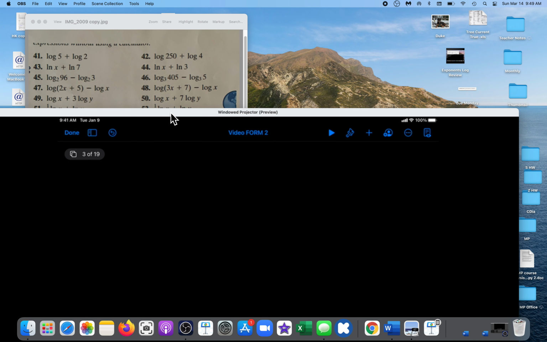Okay, what's going on here? Here, this 7 is out front. So before we can combine these, we have to move that 7 up as an exponent. Once we do that, we have the same base of both logs, and we can then combine them. So it becomes log of x plus log of y to the 7th power.